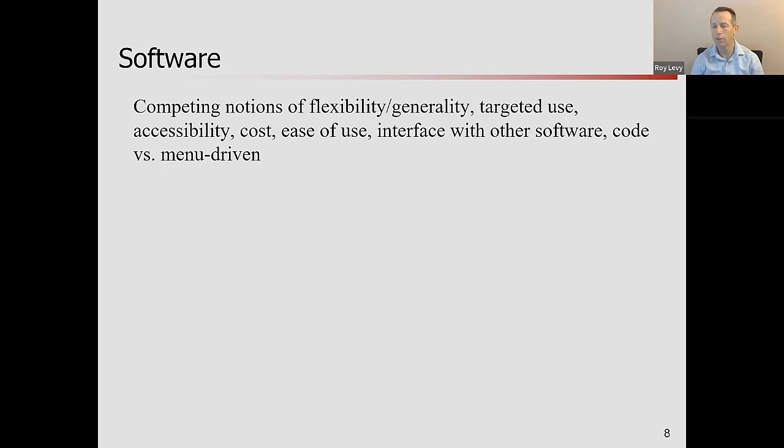On the other hand, other software might be more appealing because it's more targeted for specific applications. Software differ in accessibility, or how expensive they are, or how easy they are to use or interface with other software, whether they are more coding or menu driven. And so there are a lot of different directions we could go when learning about Bayesian methods. There's a nice set of possibilities that we could choose from.